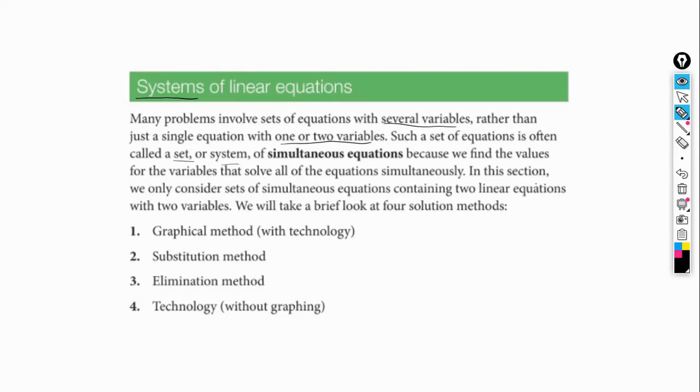In this section, we are only going to consider sets of simultaneous equations containing two linear equations with two variables. We will take a brief look at 4 solution methods: the graphical method with technology, substitution method, elimination method, and then another method with technology but without graphing.